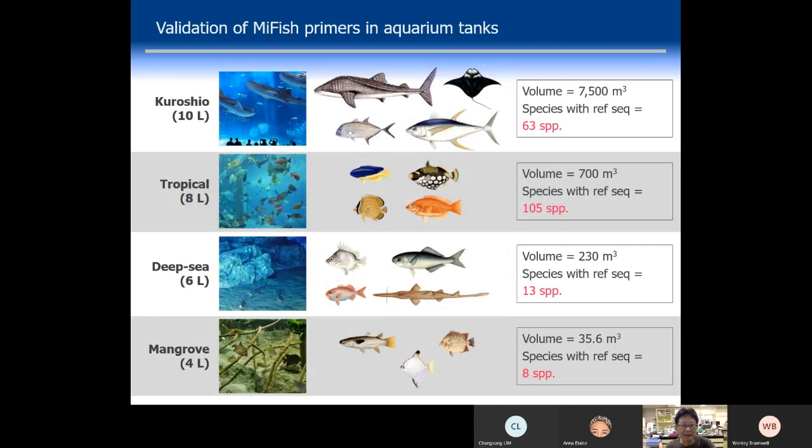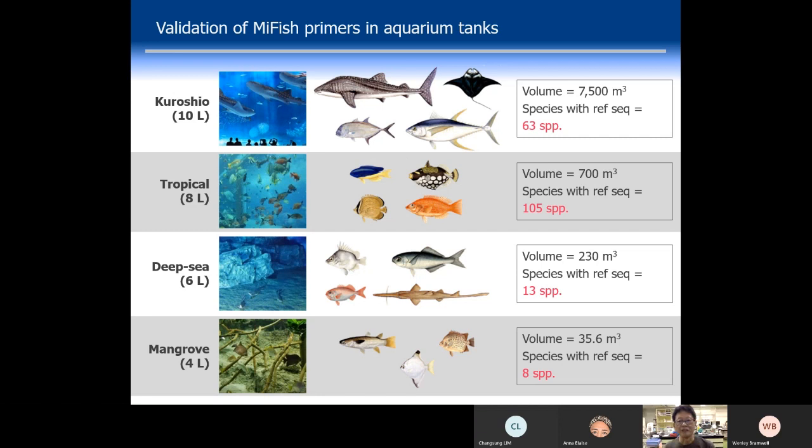And we validated the performance of the MiFish primer in aquarium tanks at the Okinawa Churaumi Aquarium. There are 4 tanks which harbor pelagic organisms, tropical fishes, deep sea fishes, and mangrove fishes. I'm going to talk about only one tank.